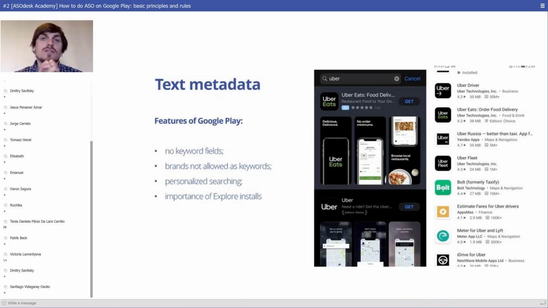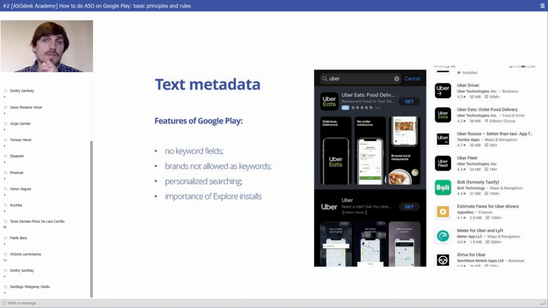If you use branded keywords in App Store, in the keywords field, or even in the title or subtitle, and the Apple reviewer notices that you are using these keywords, the only punishment is that the Apple reviewer will reject this update and ask you to remove this keyword.